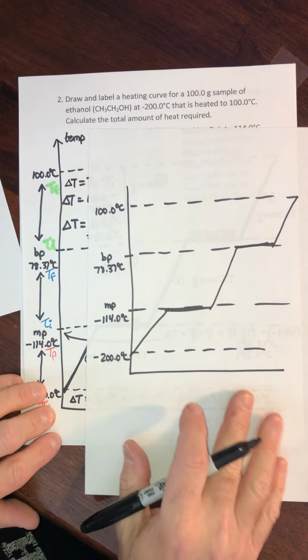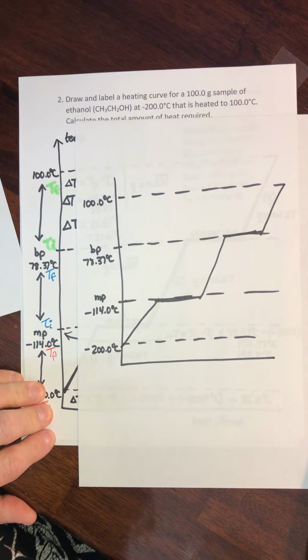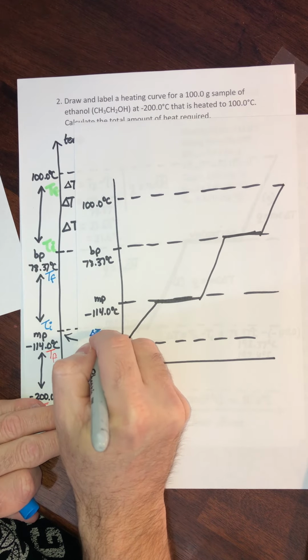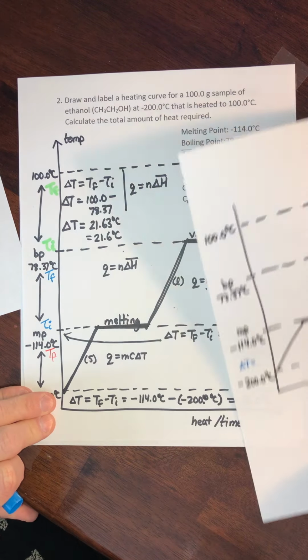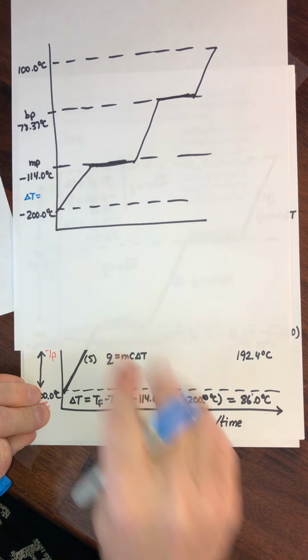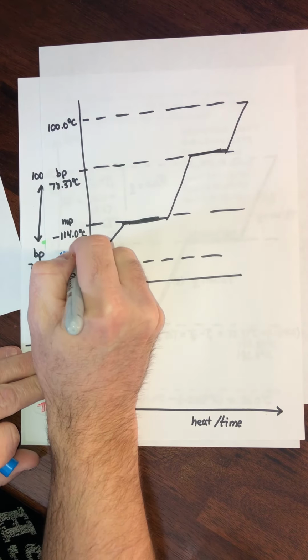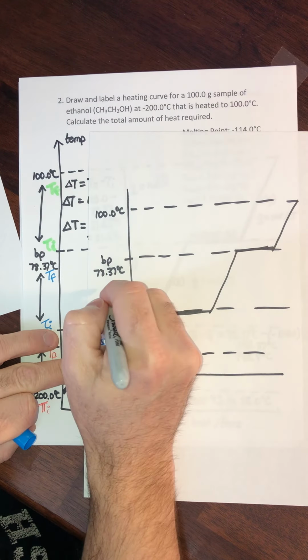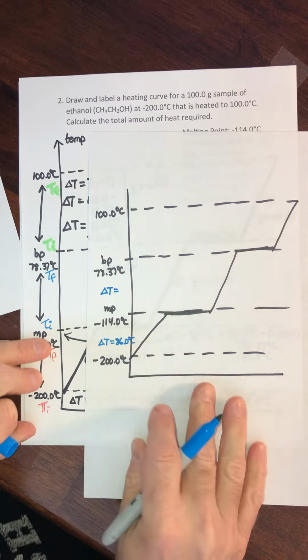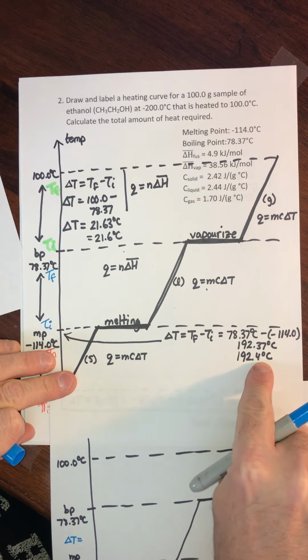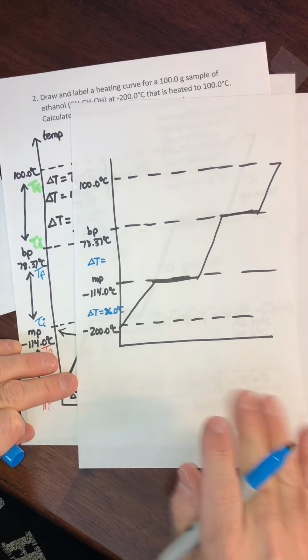Okay? Now, let's transfer in some of my information. I know that the delta T for this part of my graph, let's see if I can find it, 86 degrees. So this part here was 86.0 degrees. I know that my delta T for this part of the graph, and again, let's see if we can find it, 192.4.